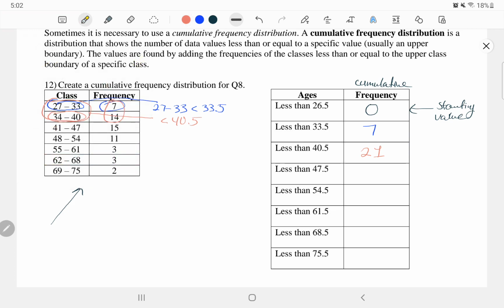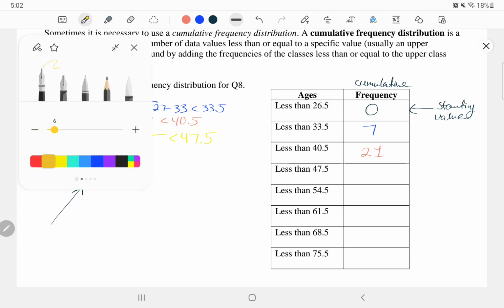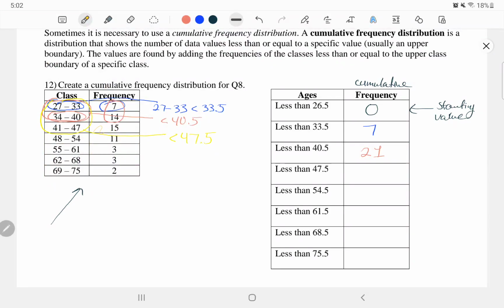The next one, less than 47.5. These 3 classes right here are all values that are less than 47.5. Put that in orange. I don't know why I put it in yellow.